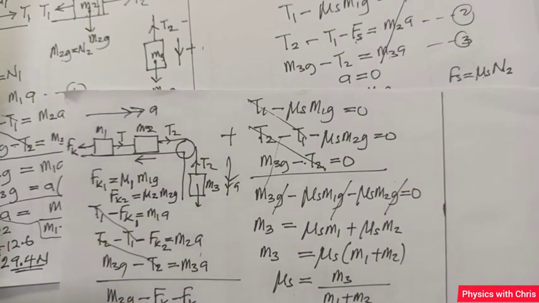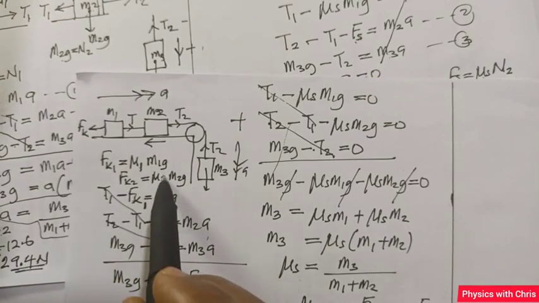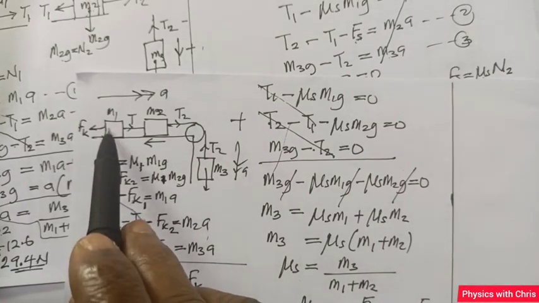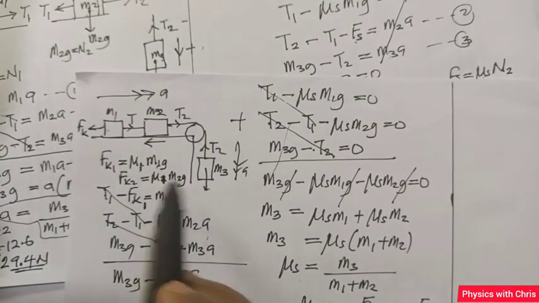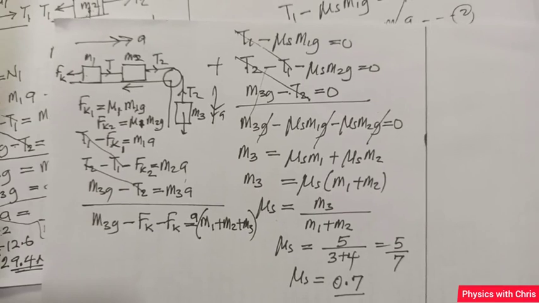Now mu1 and mu2 will be the same because it's the same surface, the same table, but the difference will be their masses. For this one, M1 is different from M2. So that gives me, adding up all these, M1 plus M2 plus M3, and I factor out my acceleration A. What do I do next?